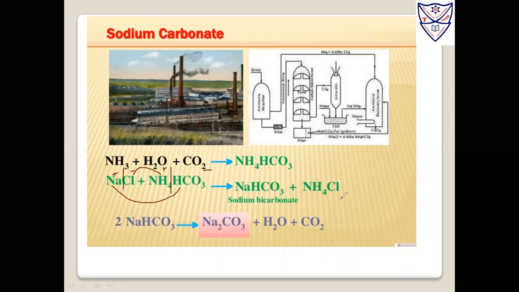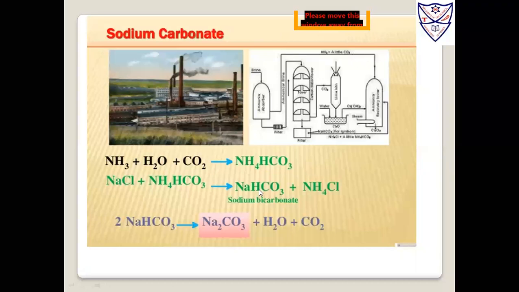So sodium bicarbonate, or sodium hydrogen carbonate, is formed. Next, when sodium bicarbonate is heated, it forms sodium carbonate, and water and carbon dioxide are released. All right, so this is the process.